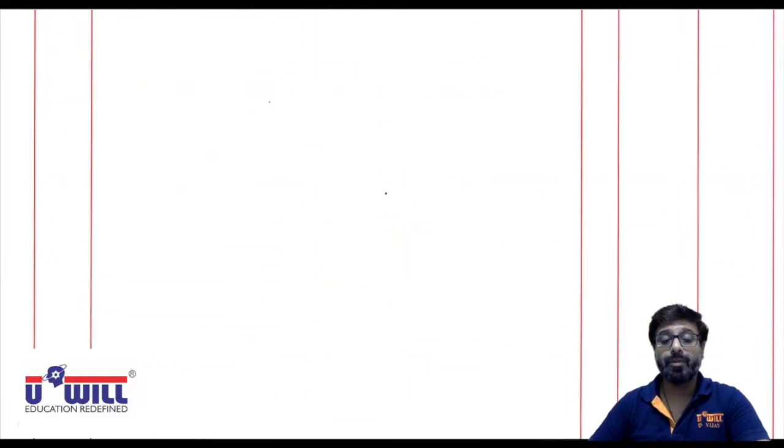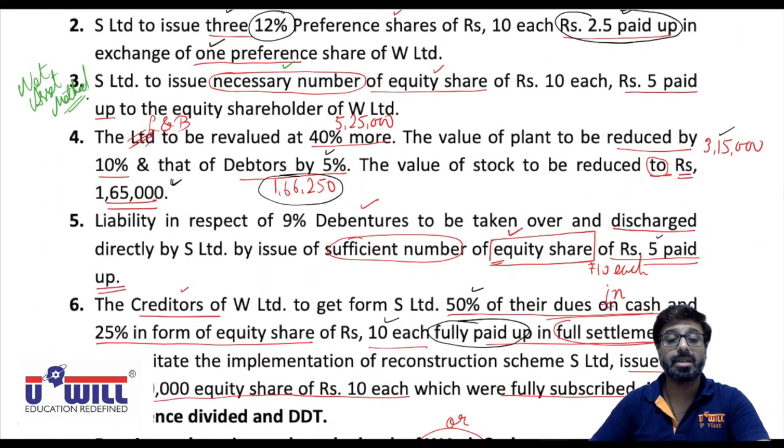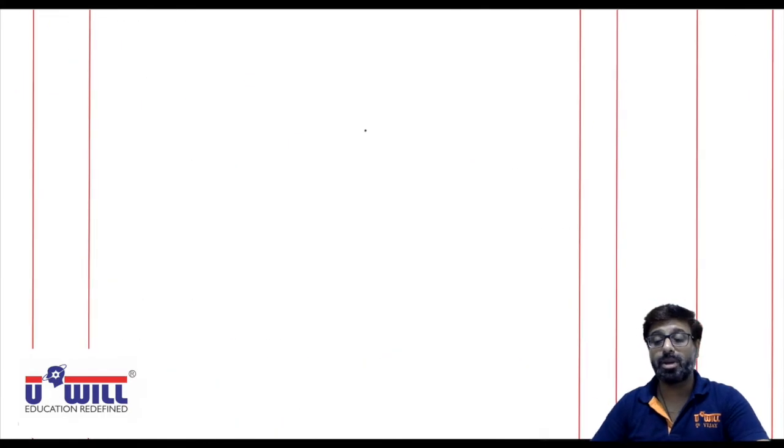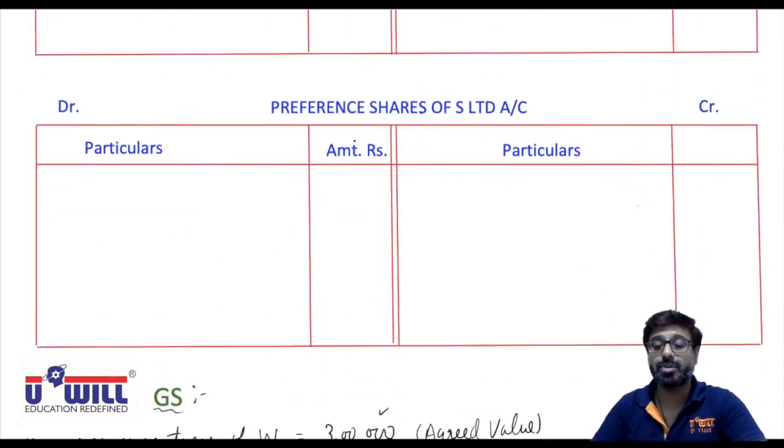Now, if you read the adjustments of equity shares, third adjustment, S Limited to issue necessary number of equity shares of 10 each, 5 paid up to the equity shareholders of W Limited. So how many equity shares will be issued for this?